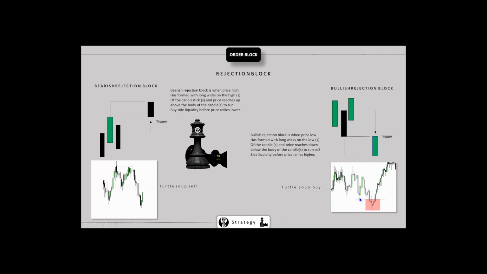The price action comes and takes sell side liquidity. Then after that it rallies up. That's why I always prefer putting my stop loss 20 to 30 pips lower or higher, depending on the trade I'm taking, if it is a bullish trade or a bearish trade.